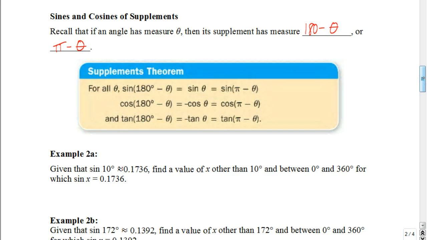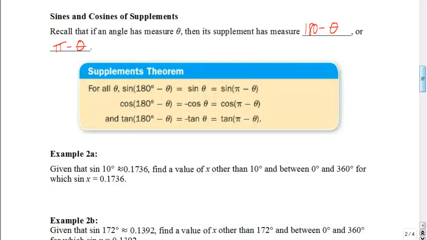Now remember, in geometry you've learned about supplements. A supplement to an angle is where together the two angles would add up to be 180 degrees. Or another way to look at it is if we know the measure of an angle, its supplement has a measure of 180 minus the angle measurement, or pi minus the angle measurement if we're working in radians.